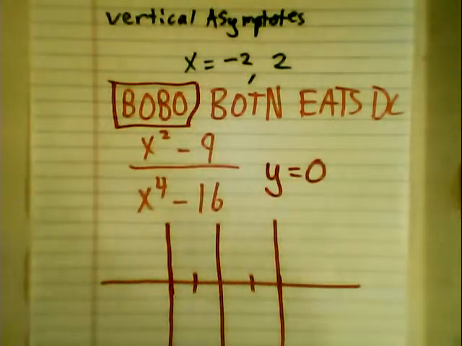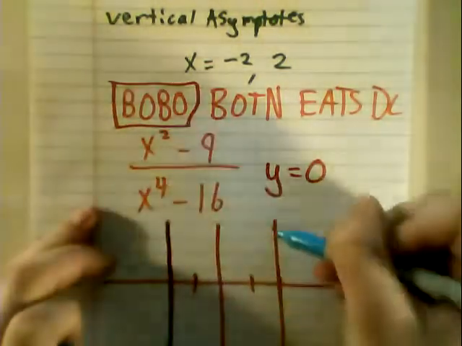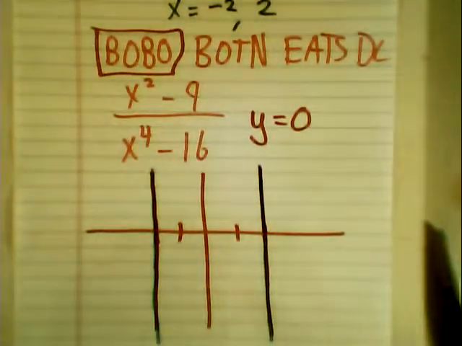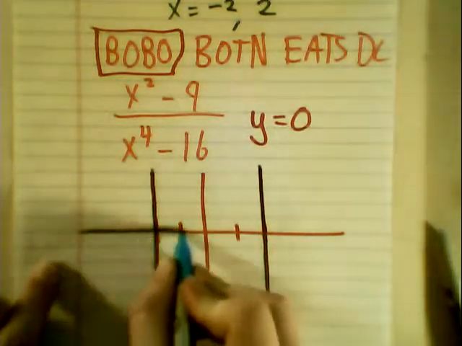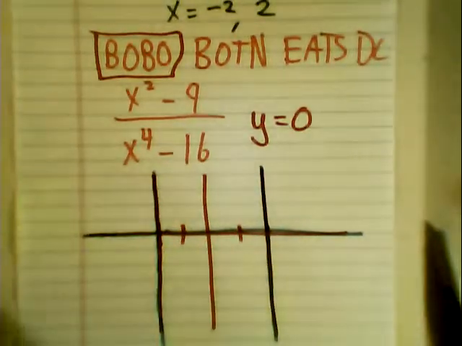Those are asymptotes. Let me go over with blue, so you can see the y-axis. Okay. And then now let's plot our horizontal asymptote at y equals 0. So now these are where it can't equal.